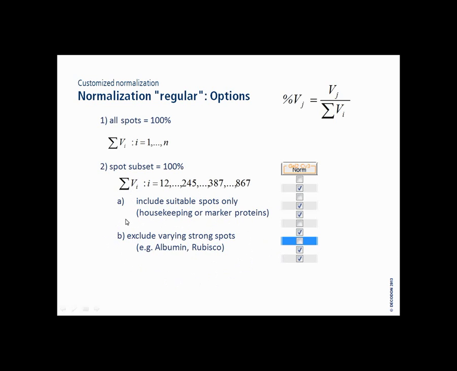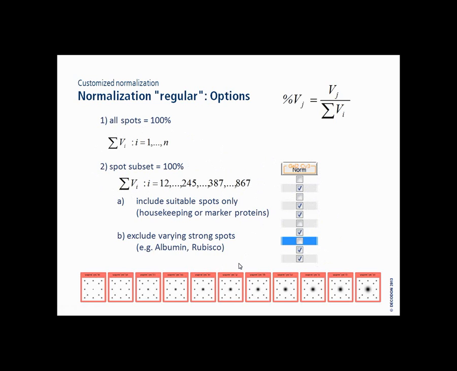And excluding or including is done in Delta2D by controlling a certain column where you can remove the check from this box, and then you exclude this spot from the normalization basis. Remove it from the set of spots. Of course, these spots are also normalized themselves, but not by the whole set of spots, just by those spots that still have this checkbox activated.